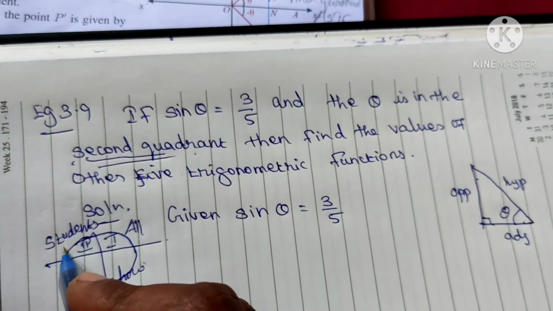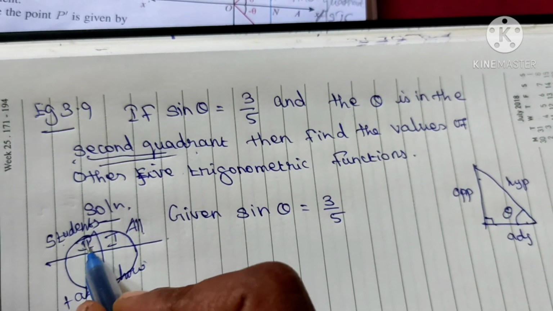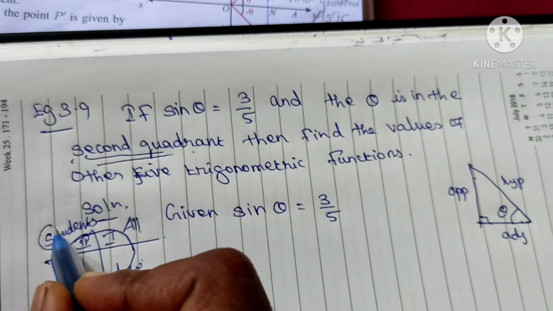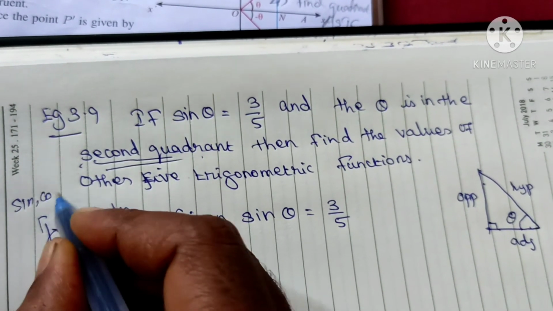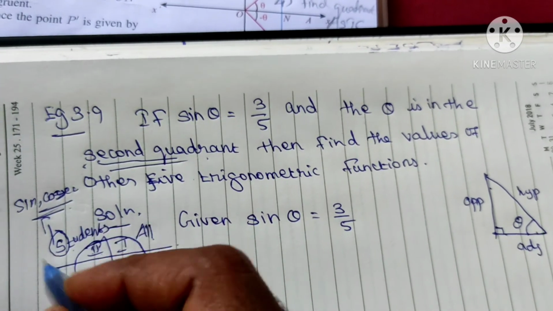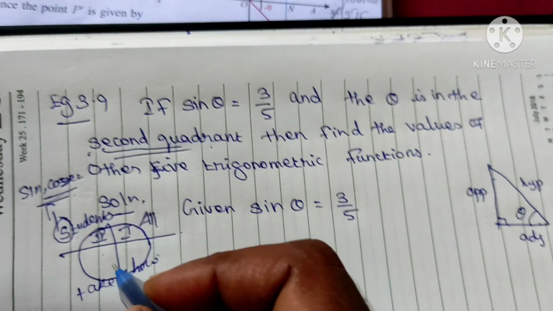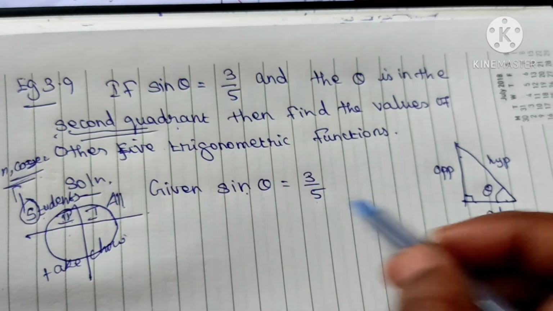Okay, so all students take chocolate. In the first quadrant all the trigonometric ratios are positive. In the second quadrant, 'students' indicates sine and cosecant are positive. Don't forget, sine and cosecant are positive. The remaining trigonometric ratios are negative.